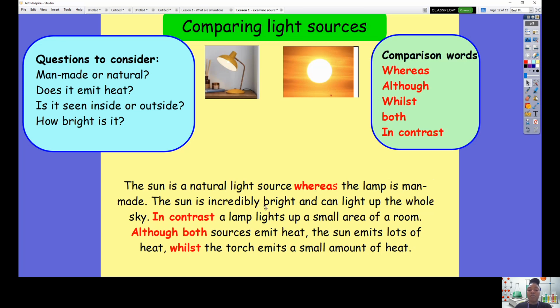The sun is incredibly bright and can light up the whole sky. In contrast, a lamp lights up a small area of a room. Although both sources emit heat, the sun emits lots of heat, whilst the torch emits a small amount of heat. So you can see that I've answered all of those questions and used all of those comparison words in my comparative paragraph.